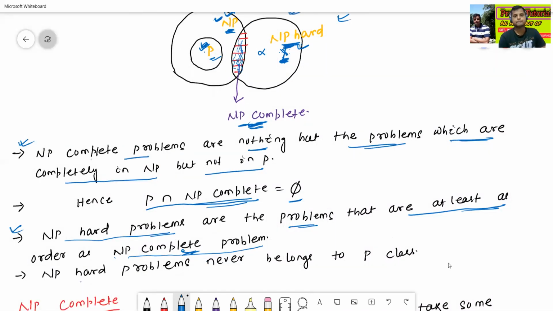Next point, NP hard problems never belong to the P class. NP hard problems may belong to the NP class, but NP hard problems never belong to the P class. So that is all about NP hard problems. Now we'll see the NP complete problem.